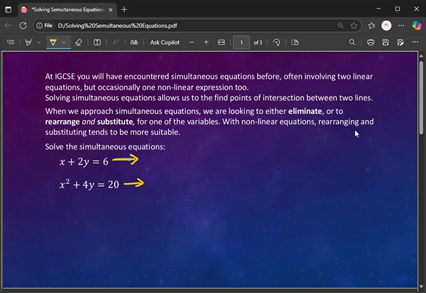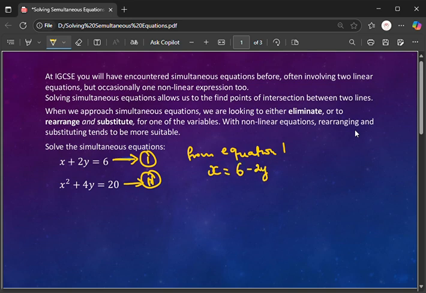Alright, so let's start solving this. You have to look out for which equation appears simpler. Remember, if an equation has more powers, then it gets complex. So I'll name that equation 1 and that equation 2. From equation 1, we can make x the subject, so x equals 6 minus 2y.